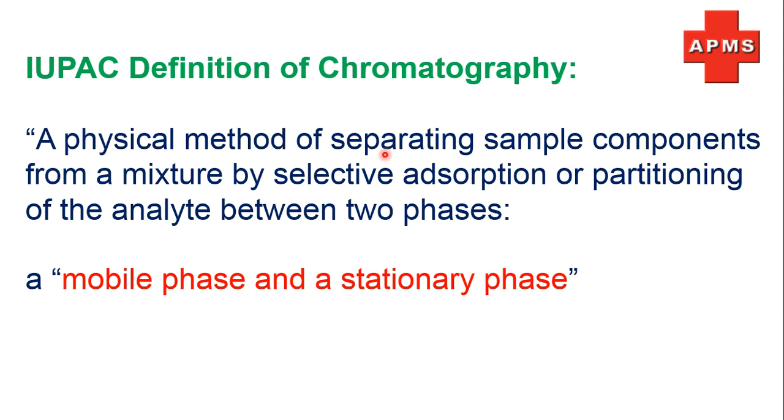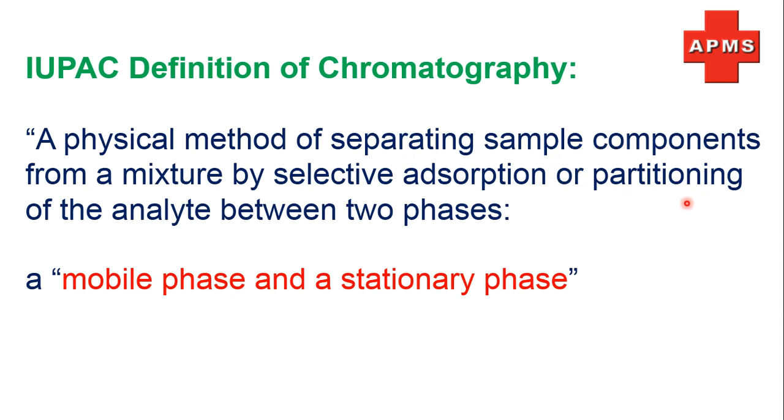So this is the method of separating sample components of a mixture by selective adsorption. Why selective? Suppose the sample contains A, B, C, three components. Then the adsorption of component A, component B and component C will not be the same, because all three are different compounds. Same with partitioning: all three components will not have the same partitioning.